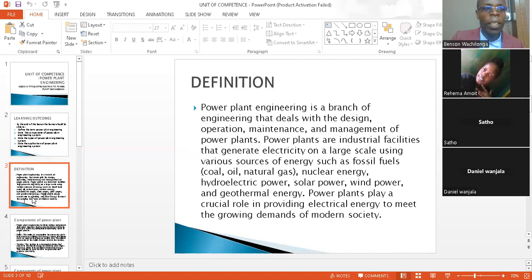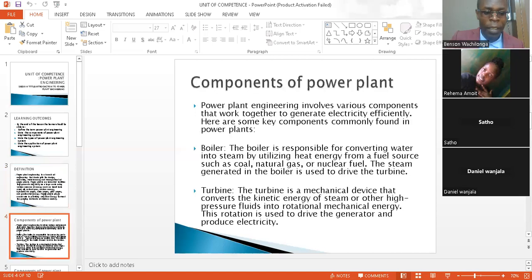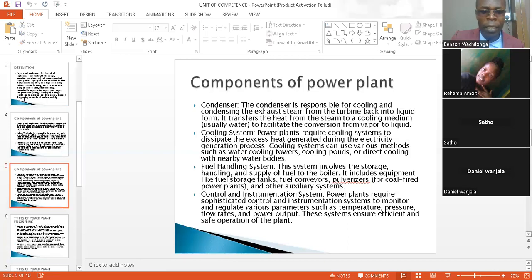In general, a power plant is made of different parts that produce electricity.